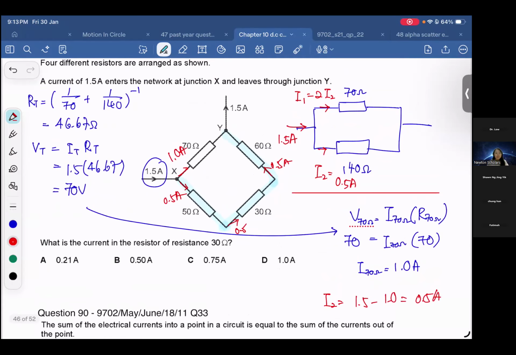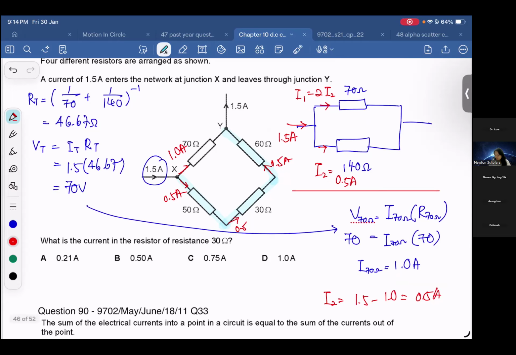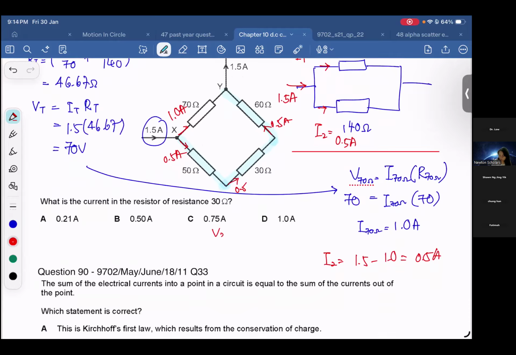You get my idea, dear? Or you can use V equals I2 times the resistance. I want to emphasize here. I want to find I2.